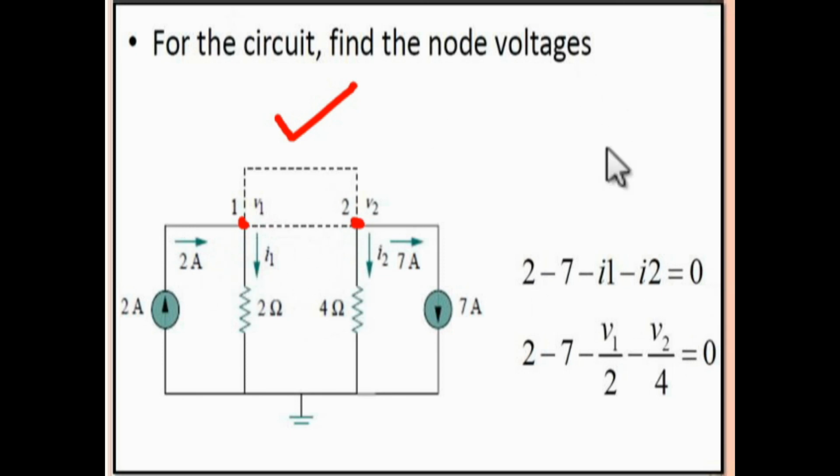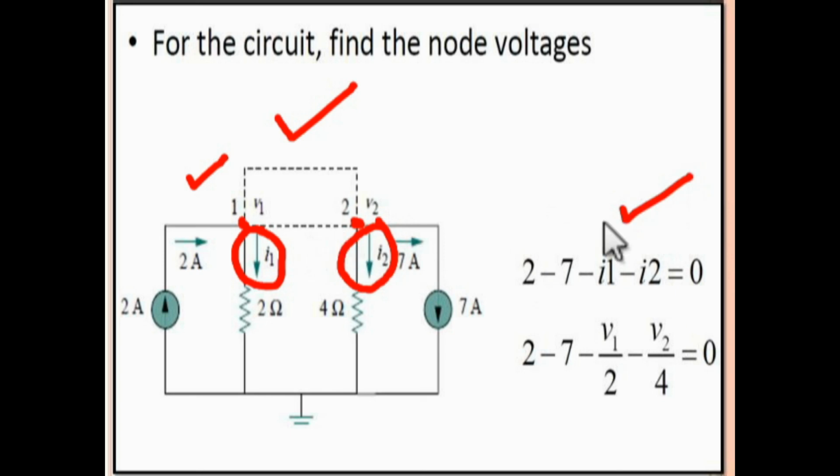It is the simple nodal analysis you applied earlier. You can take the outgoing currents, or also take the current like this: 2 ampere is the incoming current, minus 7 ampere is again an outgoing current, then minus I1 is again an outgoing current from the node, and I2 is also an outgoing current from the node.